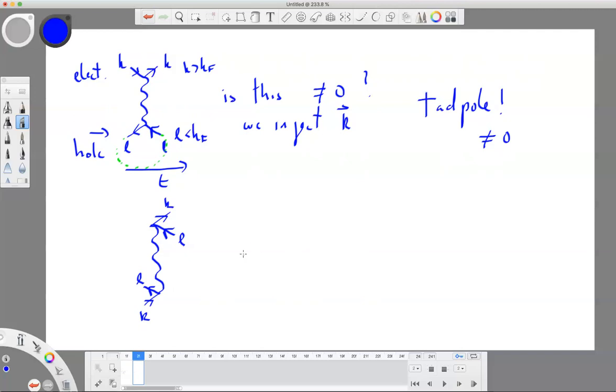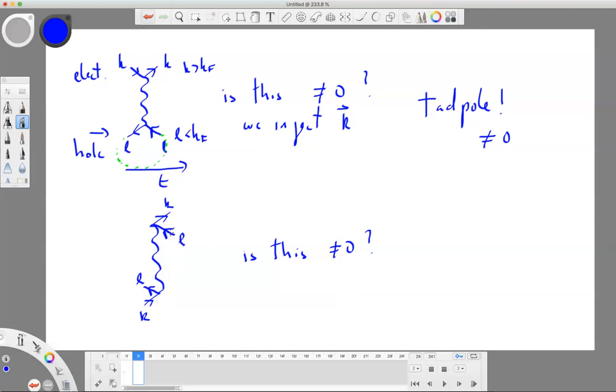Is this different from zero? Okay, so you see again that we have a single electron propagator. So I inject with K and I take out with K, and the other one can be an internal line.